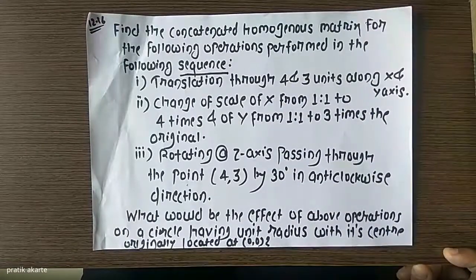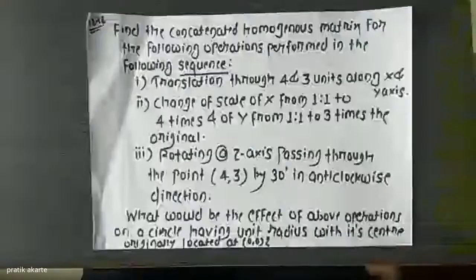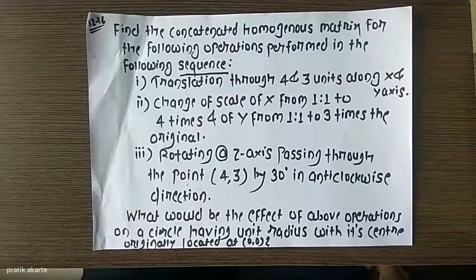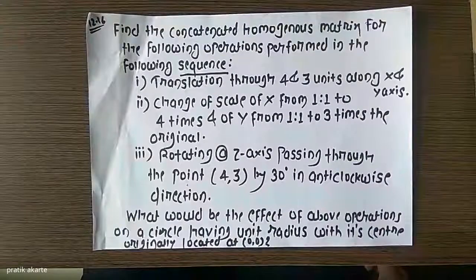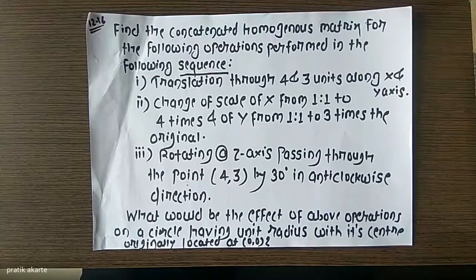So you can guess that the second operation is your scaling operation, in which the scaling factor along x direction, Sx, is 4, and along y direction, Sy, is 3. So it will be an enlarging transformation.